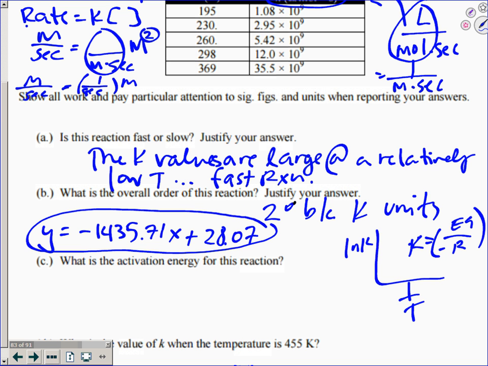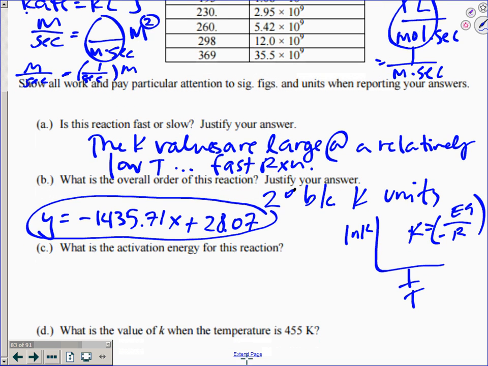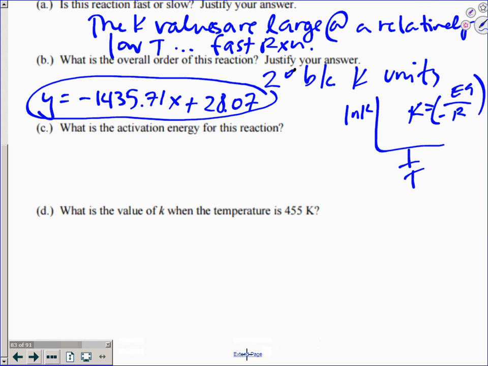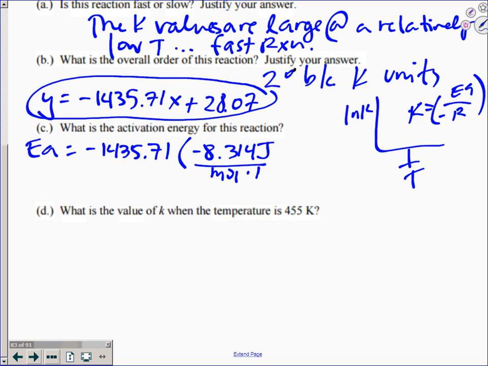Okay. All right, so go ahead, guys. What is EA? So you're taking the negative 1435.71 times negative 8.314 joules per mole K, and Kelvin cancels, and that will be 11.9. I heard kilojoules, right?